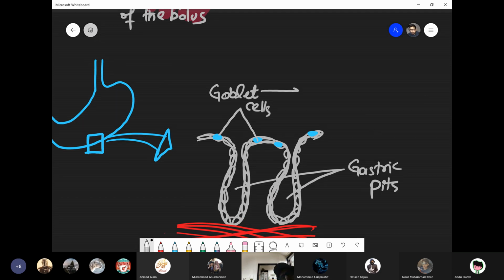The job of these goblet cells is that they produce mucus. So, boys, goblet cells are the cells that produce mucus. Understand, everyone?